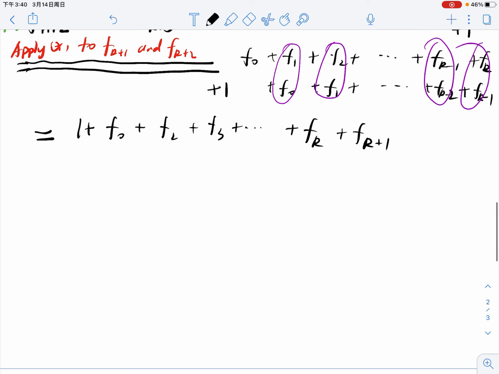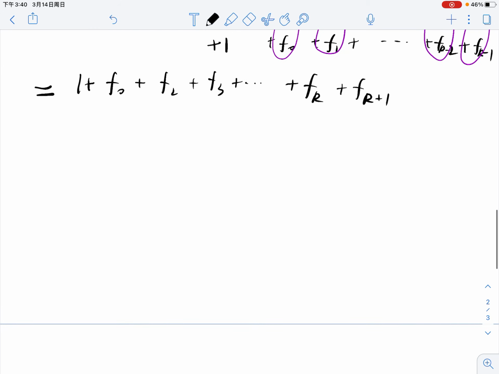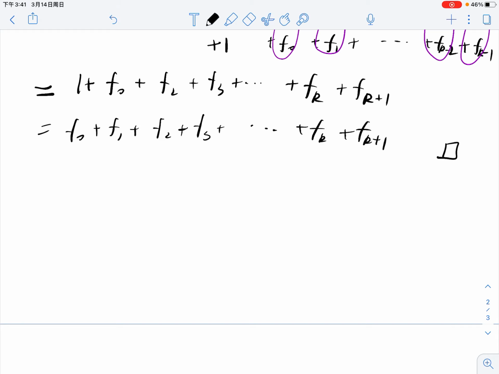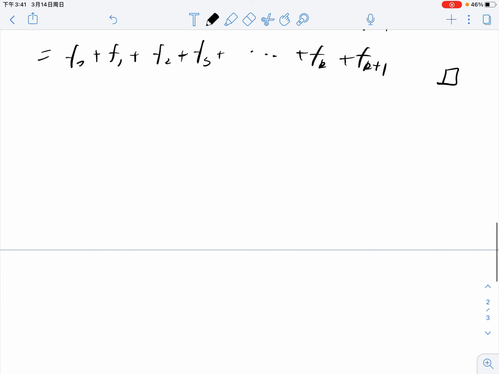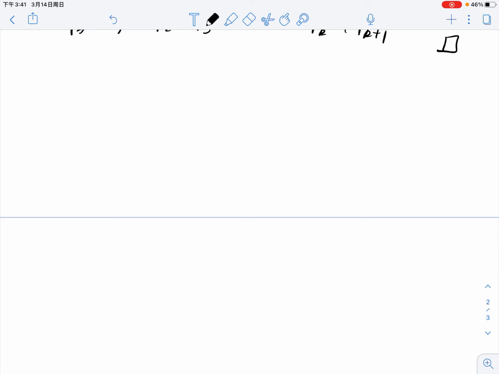And since 1 is F1, we have the formula for n equals k plus 1 as well. So by induction, the formula holds.